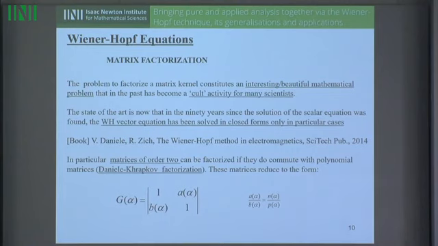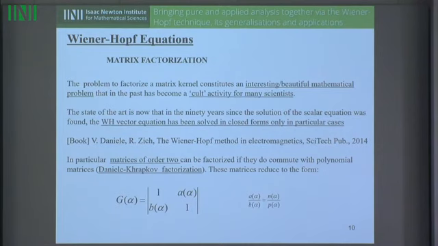But Wiener Hopf vector equations are solvable only in very few cases when you have special properties. So there are papers that report constraints on how to find factorization in closed form for matrices. And the book of Professor Daniele reports a wide literature on this closed form of matrix factorization.